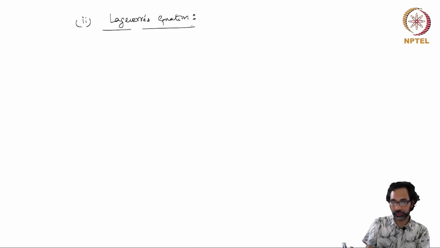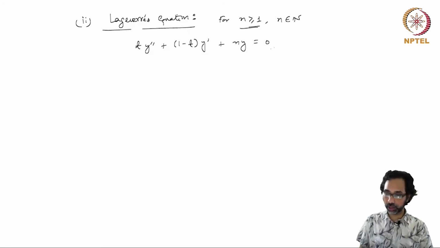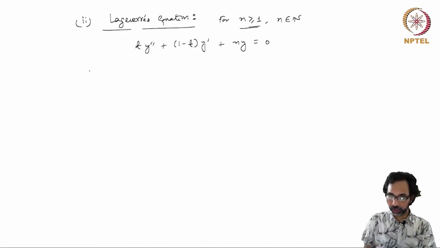Now we come to Laguerre's equation. This is given for any positive integer n greater than or equal to 1 by the differential equation t y double prime plus (1 minus t) y prime plus n y equals 0. So let's look at the transformed equation taking Laplace transforms.